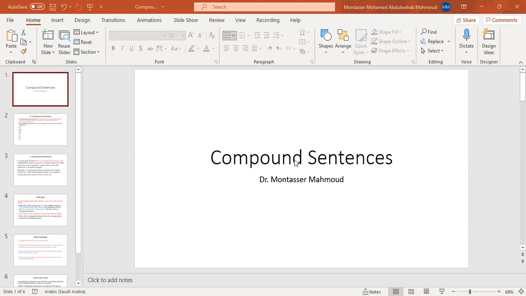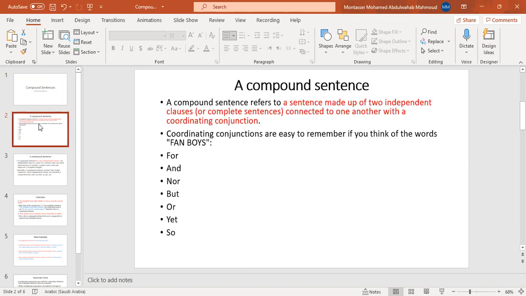What's a compound sentence and how can I know that this sentence is compound and not simple? A compound sentence refers to a sentence made up of two independent clauses or two complete sentences.